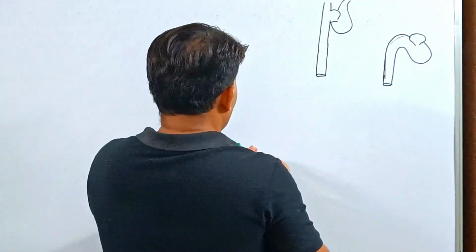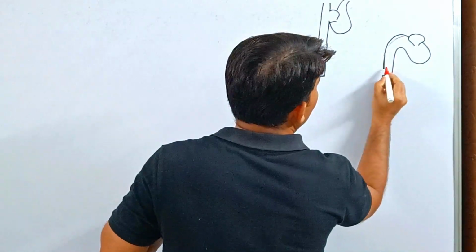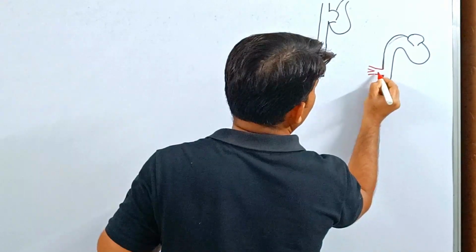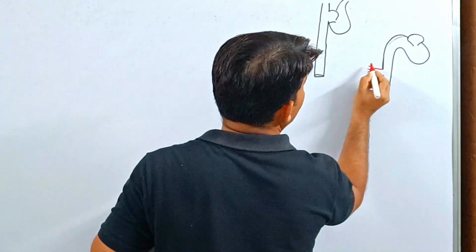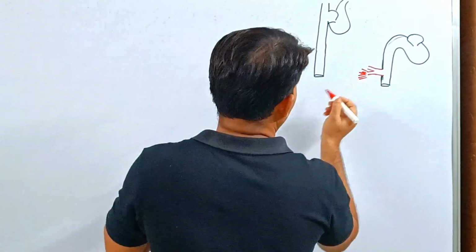And the major artery bifurcates into medium, small, very small, and ultimately it breaks down into capillary bed, right?